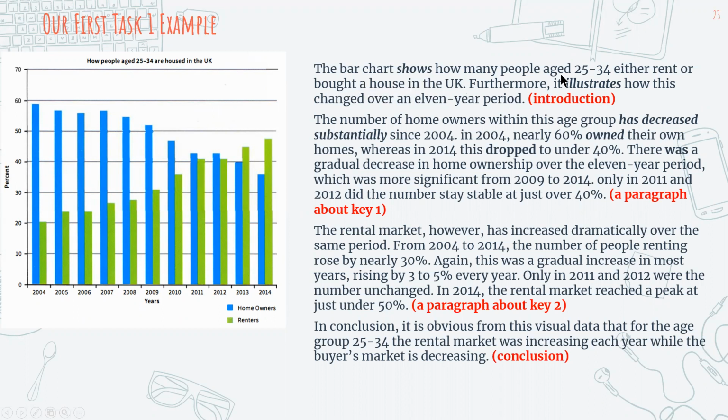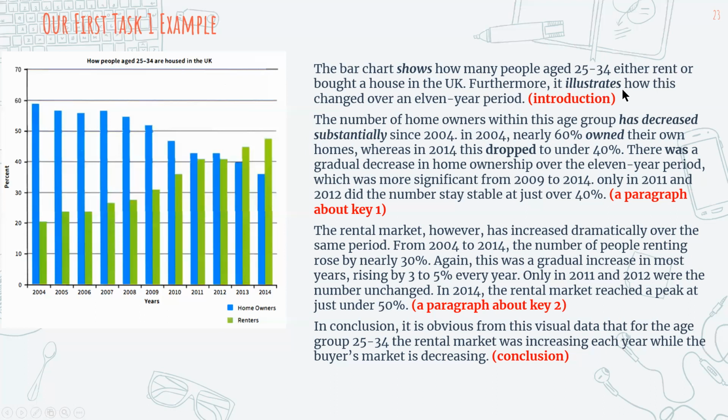I'm sorry, "many" is a mistake here. Of course, I used "shows" because this is a fact, present simple, but I said rent or bought. Here I should have said rented or bought a house in the UK, so I should have used the past simple.